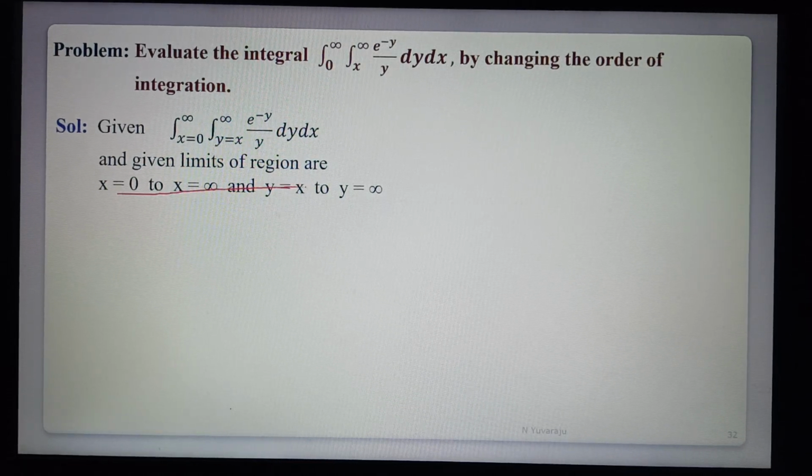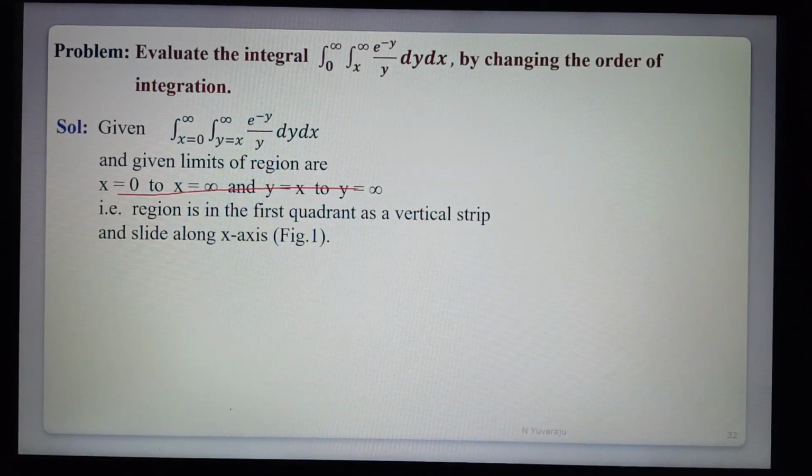The region is only in the first quadrant, as a vertical strip sliding along the x-axis. And x is equal 0 to infinity, positive infinity, only the right side, only the first quadrant, and y is equal to x to y is equal to infinity.